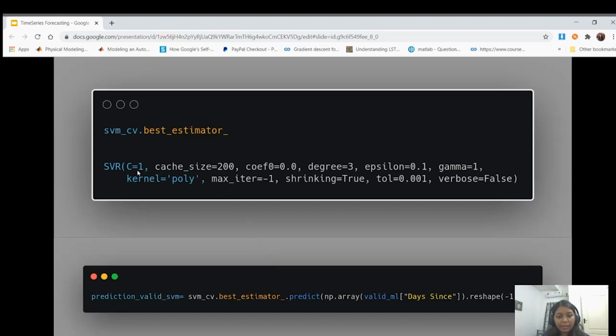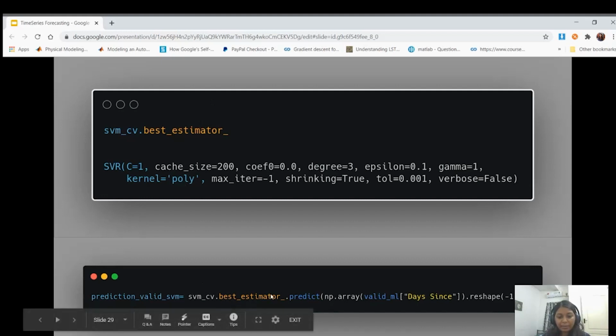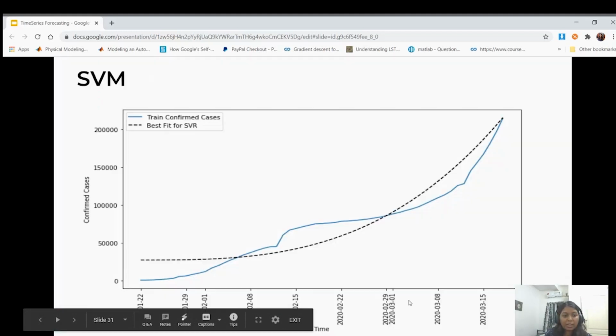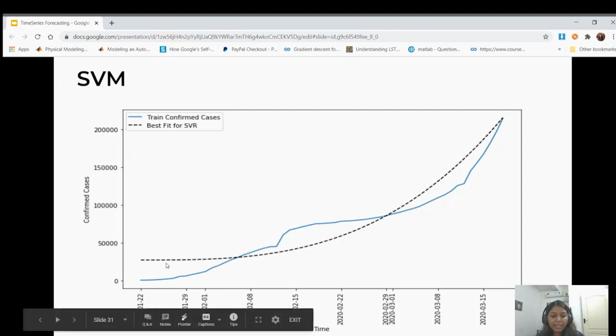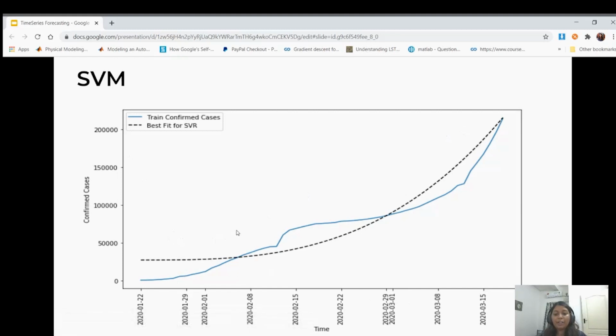If you do not want to give some parameters yourself, it will take the default parameters as well. Now to predict, we use the best estimator on the validation data set and then just predict. Now for the plots, we can see a little bit of improvement. It is following the trend. The accuracy is also very good, but we are not sure that this accuracy will be sustained in the future.